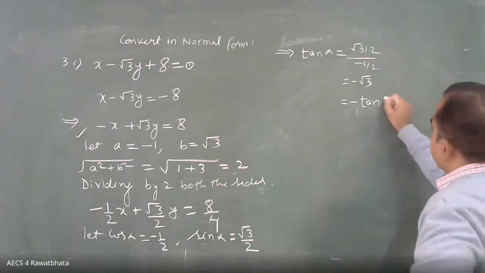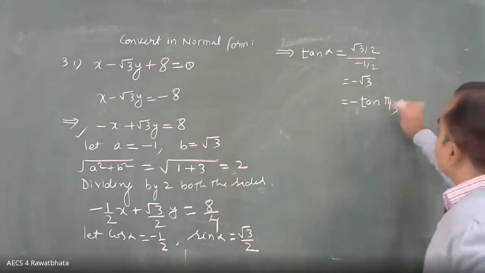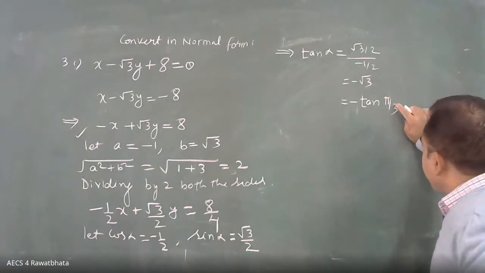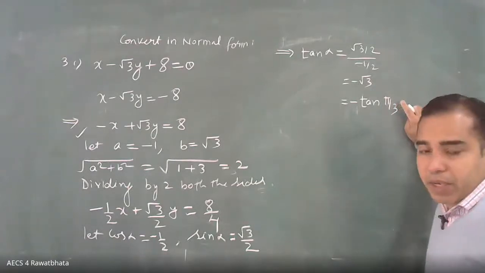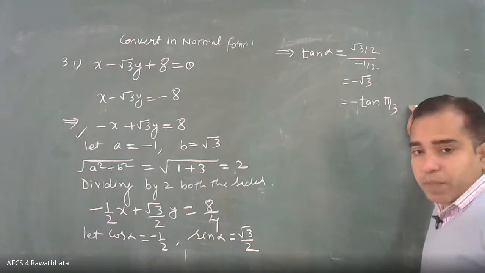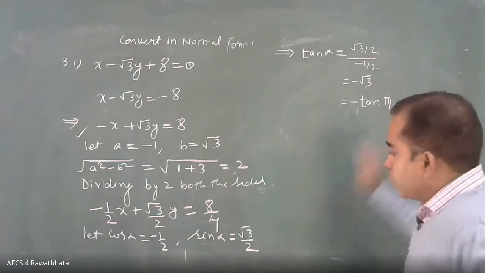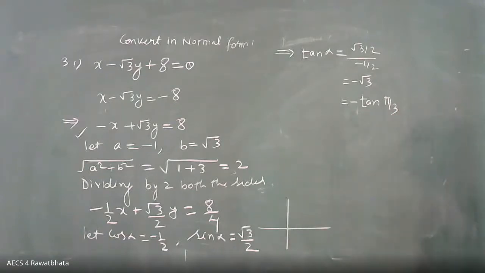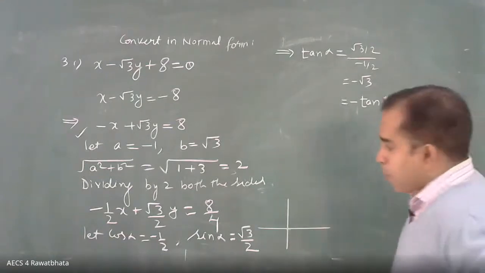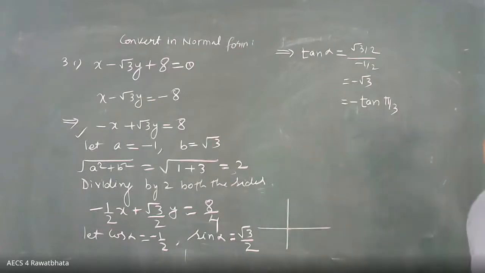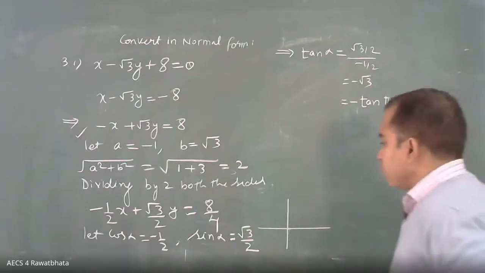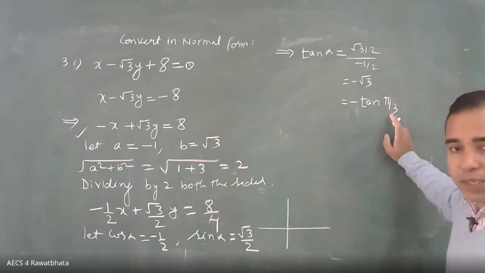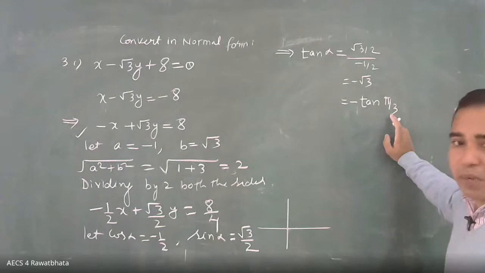So pi by 3. Now to send this minus inside, you can write either minus pi by 3 or you can write pi minus pi by 3. What to write depends on your requirement. You want cos negative, sin positive. Student, this happens in which quadrant? Cos negative, sin positive. Alpha will go in which quadrant? Second quadrant. आप इसको minus pi by 3 भी लिख सकते थे, आप इसको pi minus pi by 3 भी लिख सकते हैं.